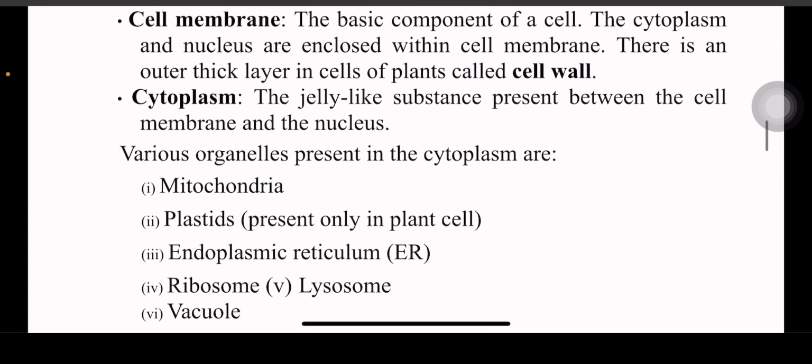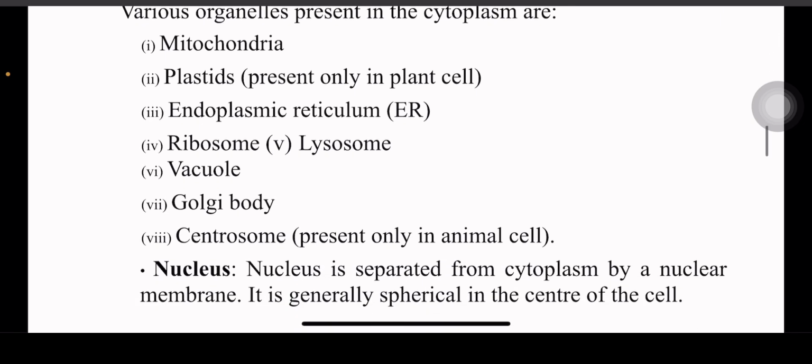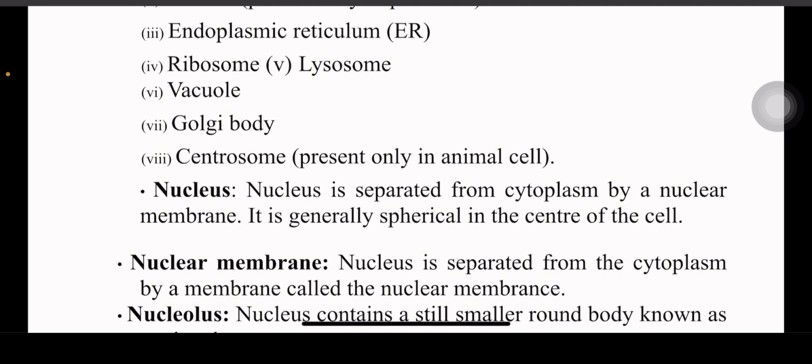Various organelles present in the cytoplasm are mitochondria, plastids present only in plant cell, endoplasmic reticulum, ribosome, lysosome, vacuole, Golgi body, centrosome present only in animal cell. Nucleus is separated from cytoplasm by a nuclear membrane.